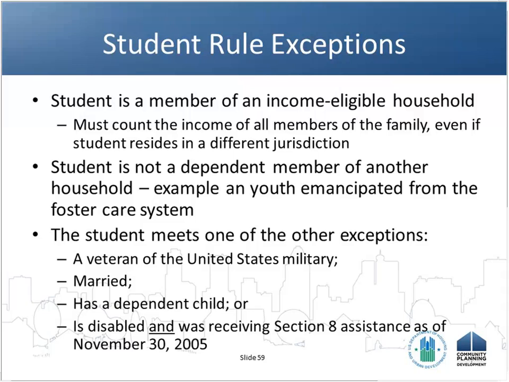Okay, so another quick question about the student rule is if the student is income eligible, if they're part of an income eligible household, which area do you count the household? Where the student is living in that location or where their family lives? And I'm not sure when they're asking which area. Is that to think about setting the income limits?